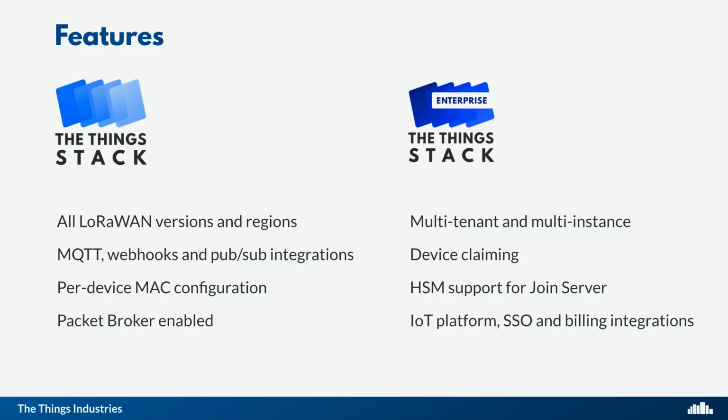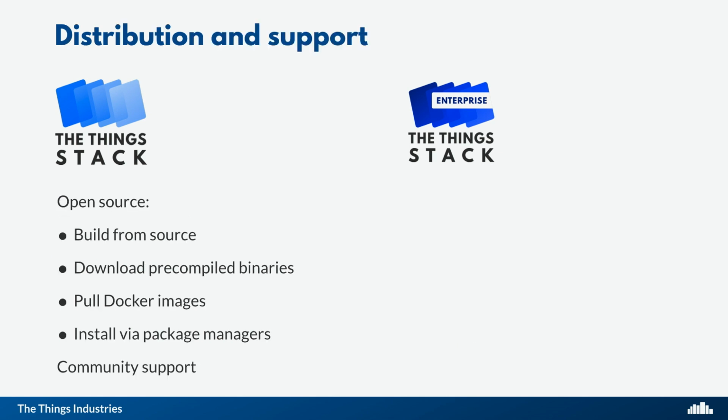We have HSM support for the Join Server. So our global Join Server obviously doesn't store all the root keys in a MySQL database, but instead uses a hardware security module. And we have that built into our proprietary Join Server. And finally, we have integrations with IoT platforms, single sign-on, and billing. So that's the difference, but nothing really related to LoRaWAN, because everything LoRaWAN related, we want to make open source and contribute to the open source community.